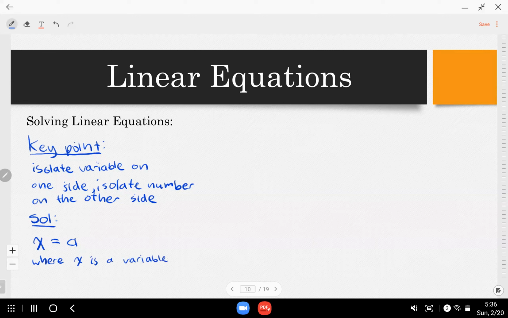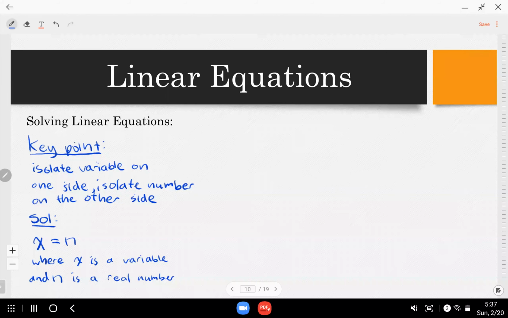It could be anything, could be u, could be r, could be b. Actually, let's not use a because that's kind of confusing. So x is equal to n, where n is a real number. Okay, great. So let's just go on with examples now.